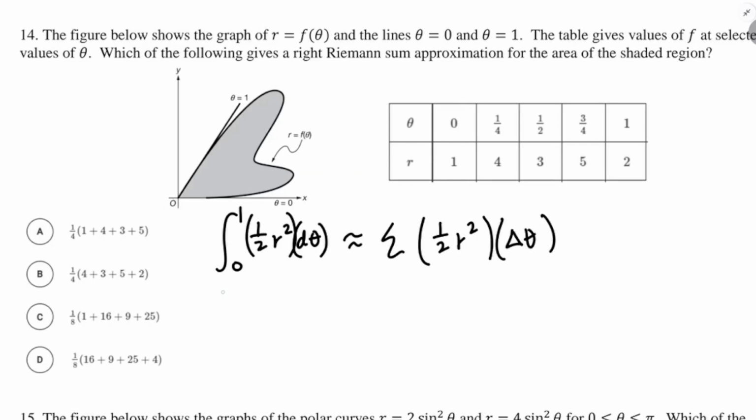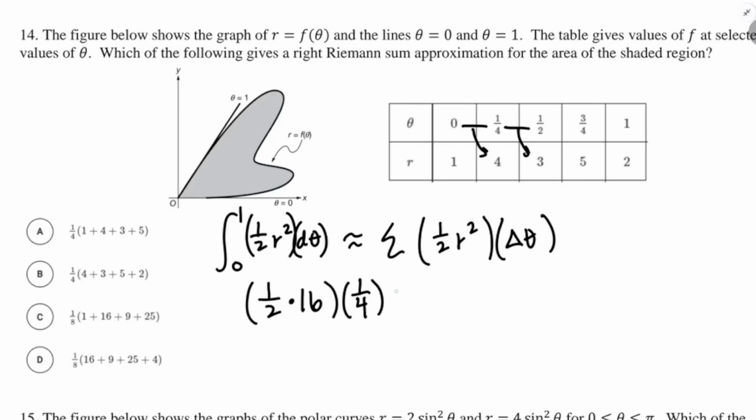Okay, so we're going to have 1/2, right Riemann sum, I'll use the right edge. So 4 squared is 16, times delta theta, which is 1/4. I'm going to have to write out some terms before I can see how they're factoring it. I can already see they're kind of being tricky that way.